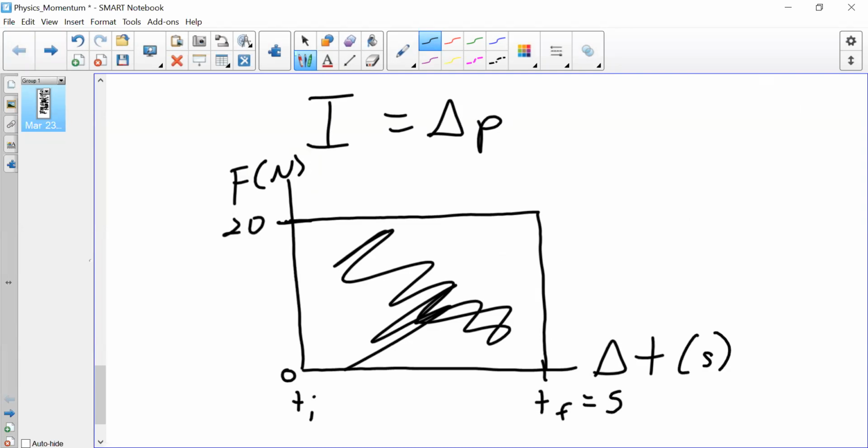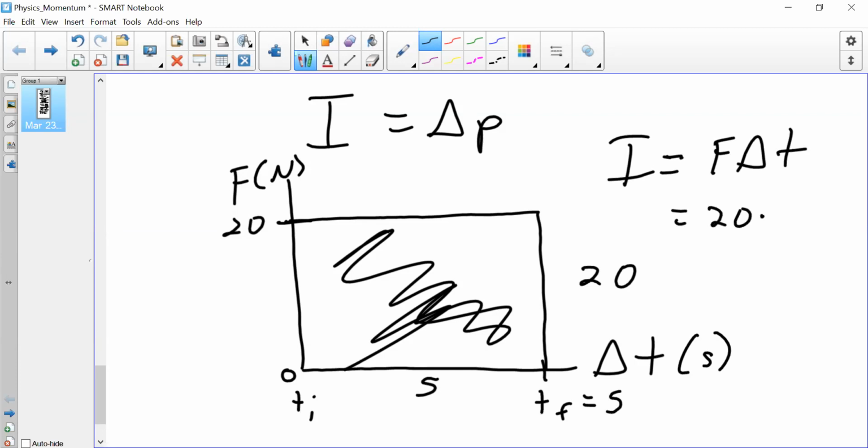So if I multiply this, this height will be 20 and the base here will be 5. So 20 times 5 is 100. Right? So the impulse of the ball is just going to be force times time, which is 20 times 5.